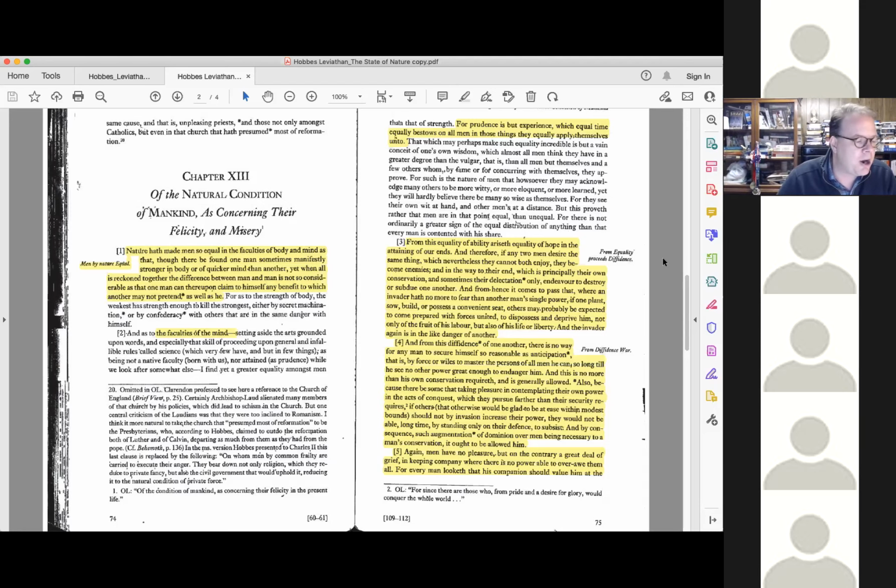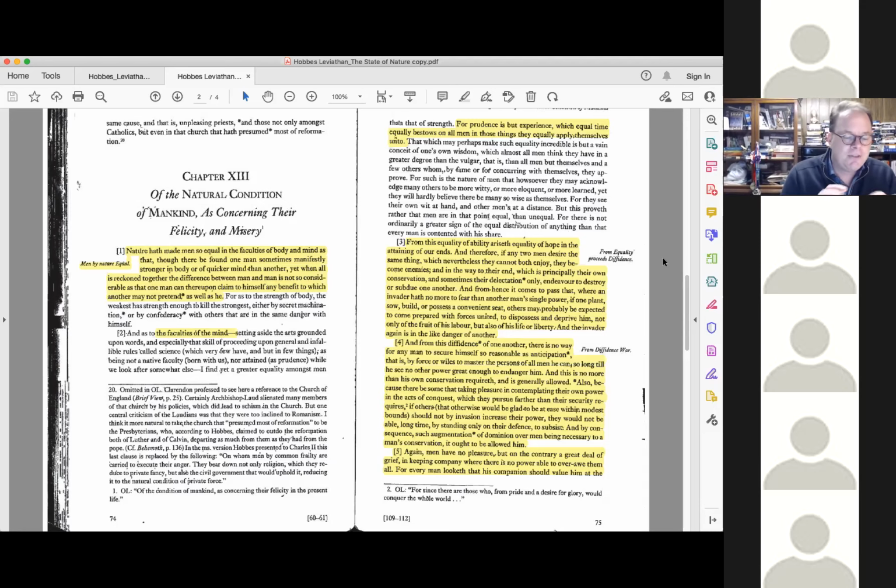Because if we're pursuing our self-preservation, we can't always pursue our pleasure. Once we're alive and we're not being threatened by anything, then we can pursue things that are pleasurable as well, right? So look at what he says. If you're in this world of the war of all against all, you're spending most of your time preserving yourself and not enjoying yourself, right? We would like to enjoy ourselves, but we can't always.